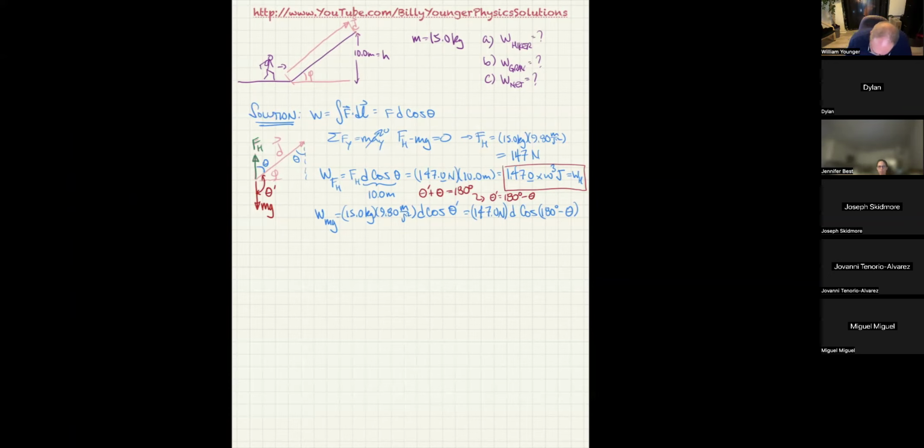So I'm now going to say this is equal to negative 147.0 newtons times D cosine theta. And again, this is just the 10.0 meters.